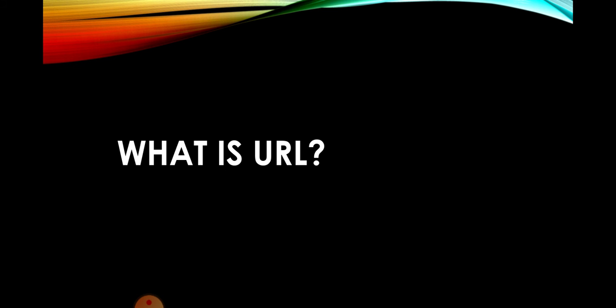What is a URL? URL stands for Uniform Resource Locator. A URL is nothing more than the address of a given unique resource on the web. In theory, each valid URL points to a unique resource.